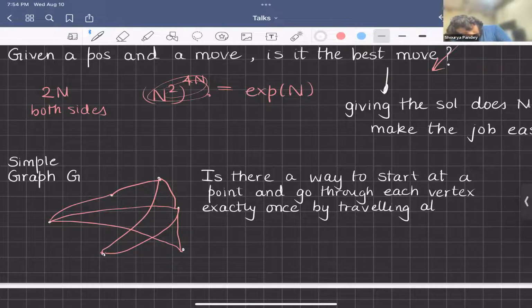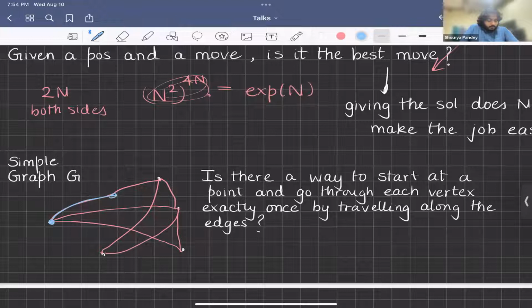For example, here the answer is yes. I can start from here and go here, then here, here, here, and here.